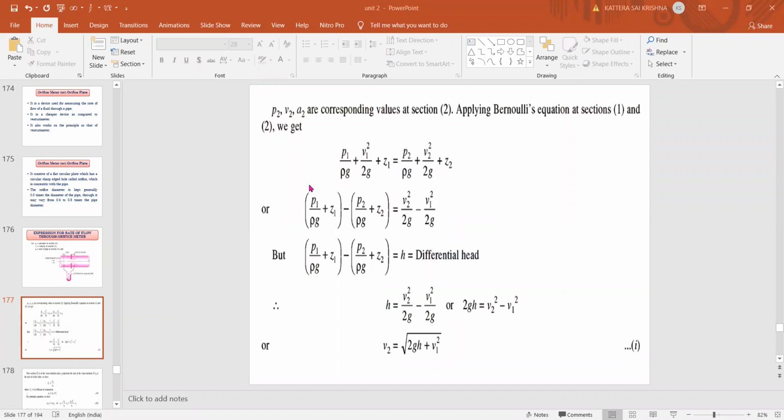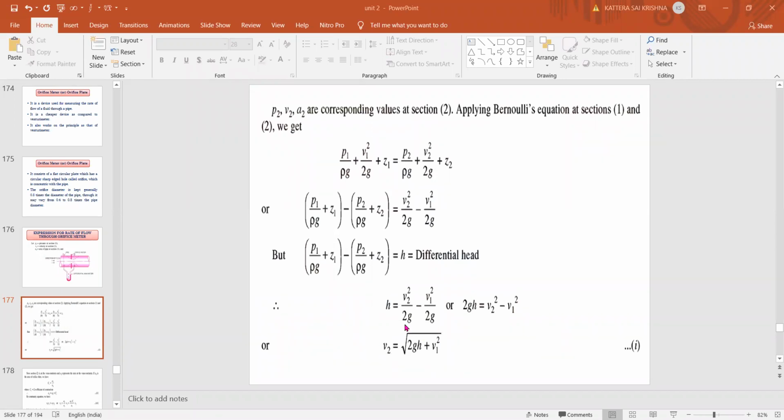So that term is taken out: P1 by rho g plus Z1 minus P2 by rho g plus Z2 is nothing but H. So H is equal to V2 square by 2g minus V1 square by 2g. The leftover terms are velocities, so we are going to take velocities in terms of H only, not in pressures. From this, you can take V2 equals under root of 2gH plus V1 square.